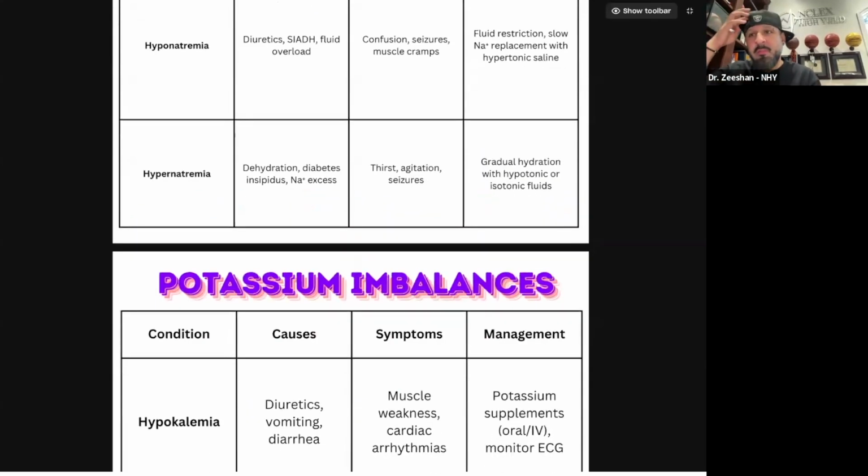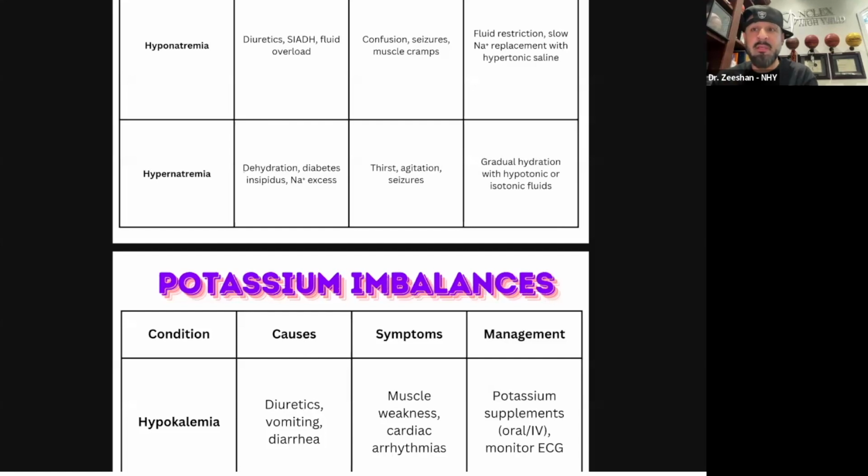Hypernatremia, again, we just talked about that. I want to talk about the ones that I feel are going to be more tested. Hypernatremia, if we're talking about dehydration or diabetes insipidus, I just want to say: give them what they don't have, right? That's my common saying. If diabetes insipidus, they don't have ADH, then give it to them.